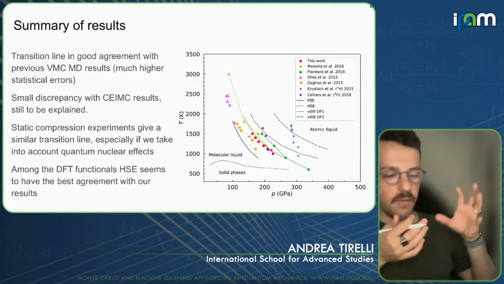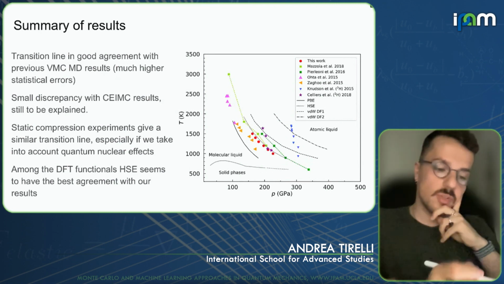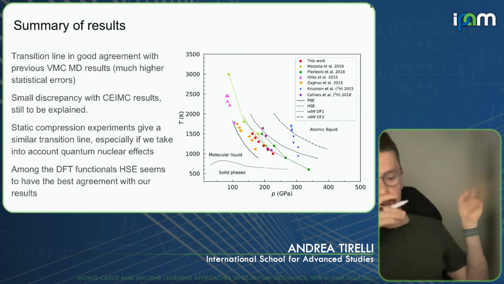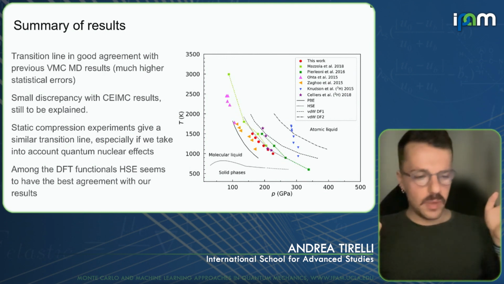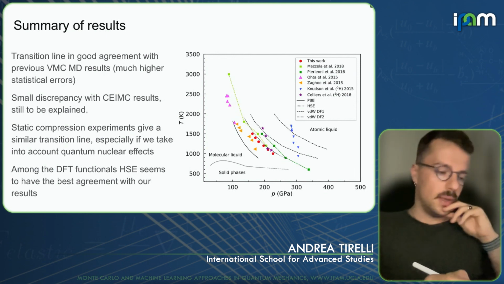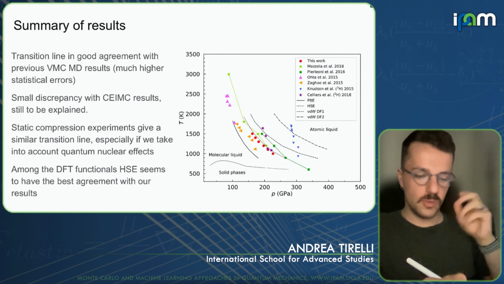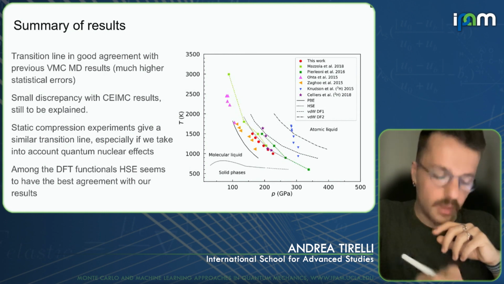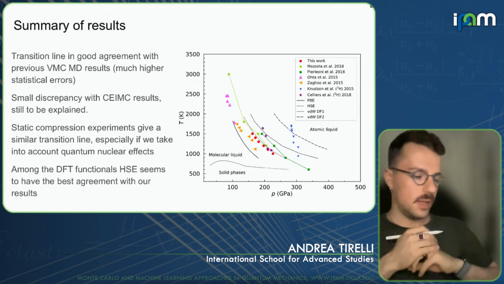We see that we have a decent agreement with previous MD simulations performed with VMC, which are these light green square lines performed by Mazzola, Sorella, and collaborators. We have some discrepancy with other Monte Carlo methods, and we are still trying to understand. I'm referring to these dark green squares, and this is something that still has to be explained.